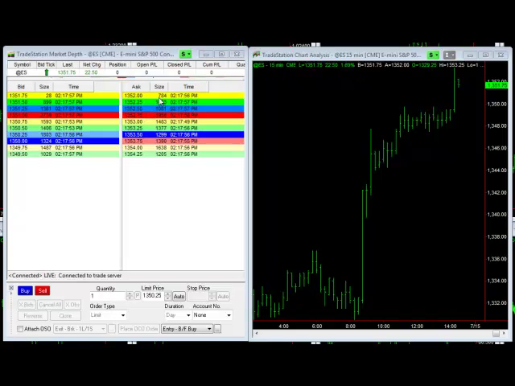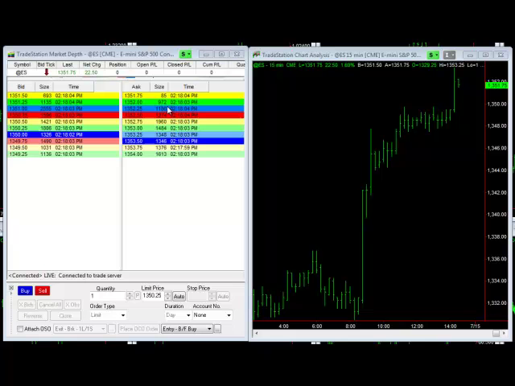Look at this, 2,700 contracts have got to trade before we get our money. And actually a little bit more now. Look at that, 1351.75. Why is price moving down? Because these are getting filled. More people are filling over here.